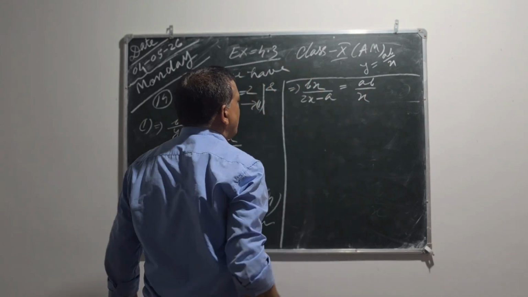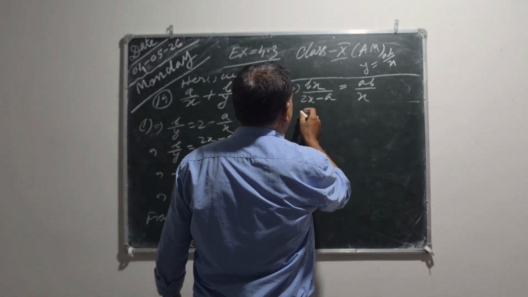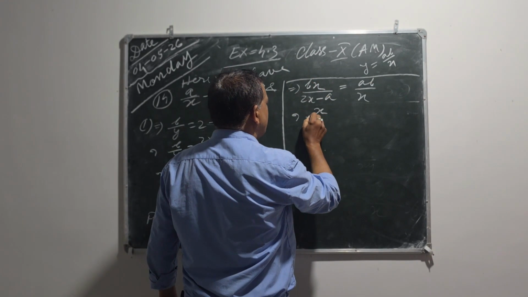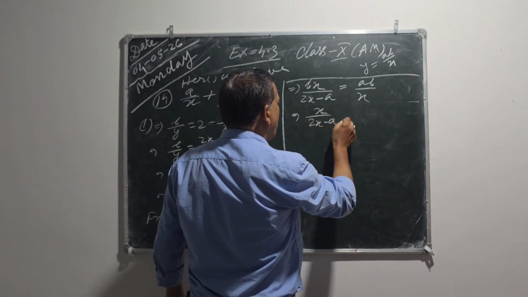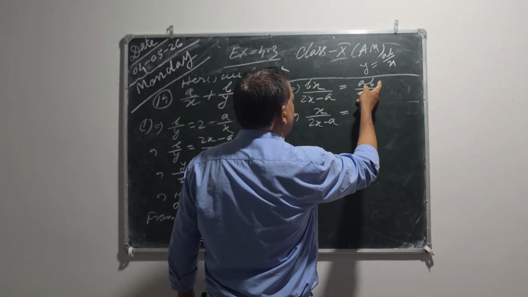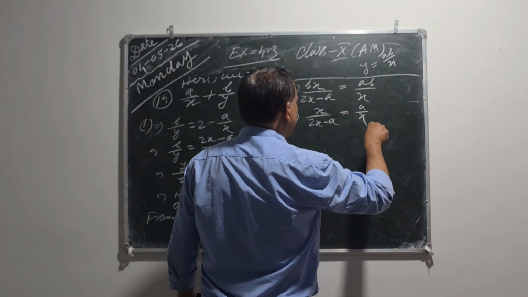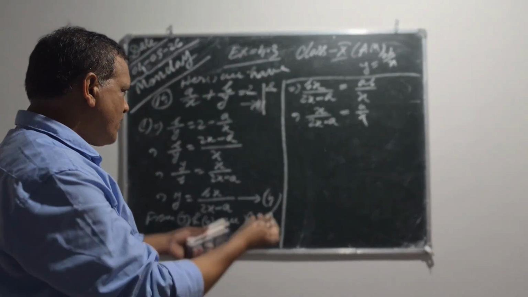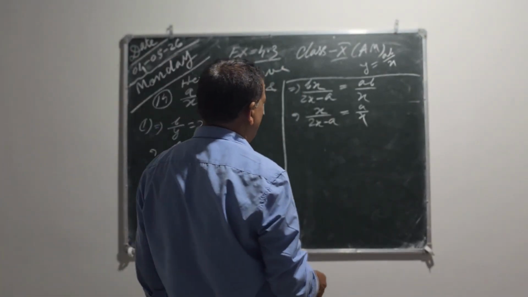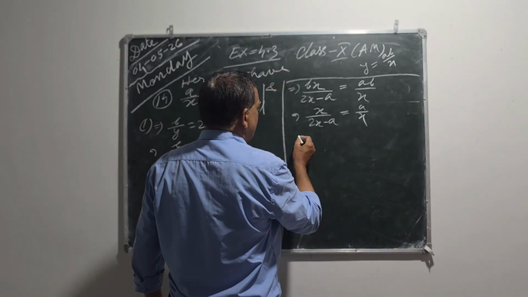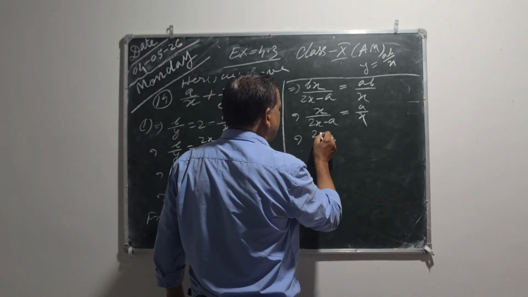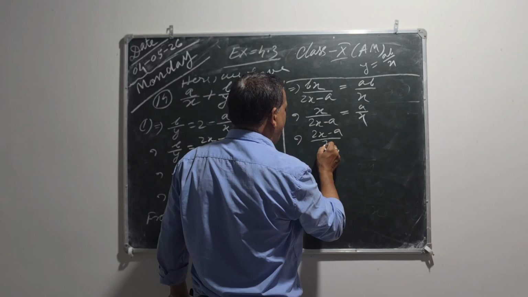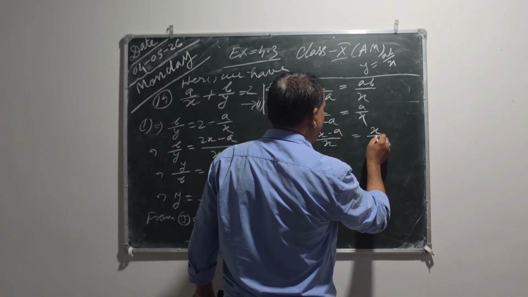By using, we can remove b from here. First of all, let us see x divided by (2x minus a). Here, removing b, we can write a by x. Let us take the reciprocal now. Then it will be easy to calculate (2x minus a) divided by x, here it will be x by a.